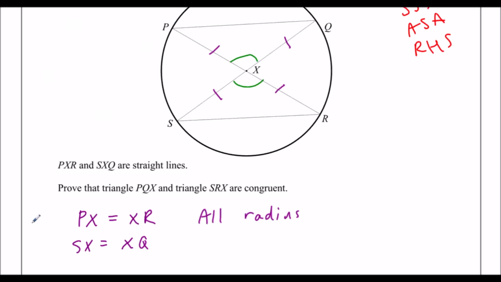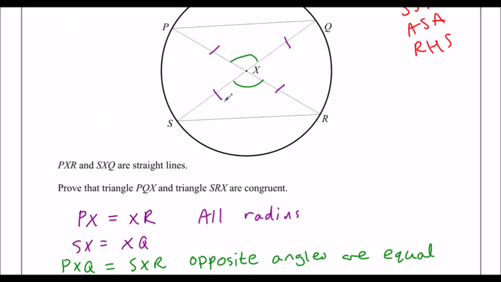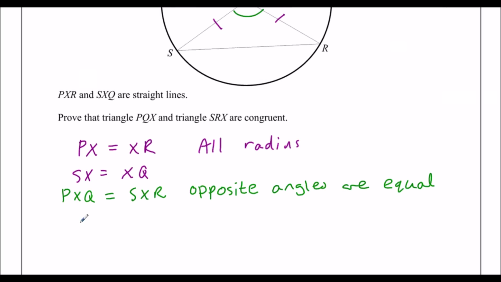So angle PXQ equals angle SXR because vertically opposite angles are equal. So we've shown we've got a side, an angle, and a side. Side, angle, side. So they are congruent triangles. If they've got side, angle, side, therefore they must be congruent.